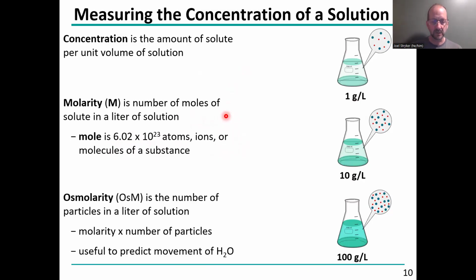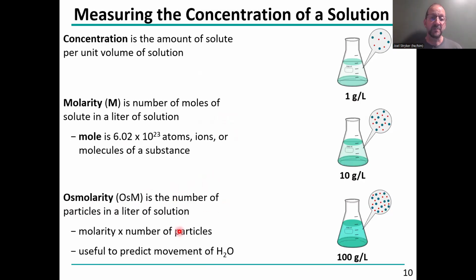So let's pick kind of an easy one, let's say oxygen. An oxygen molecule, the atomic weight is going to be 32 because it's 16 for each of the atoms. So 16, 16 is 32. If you had 32 grams of oxygen, that would be 1 mole. Okay, so that's how a mole is defined.